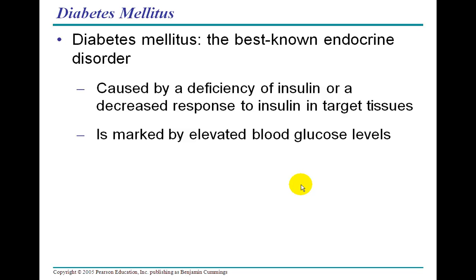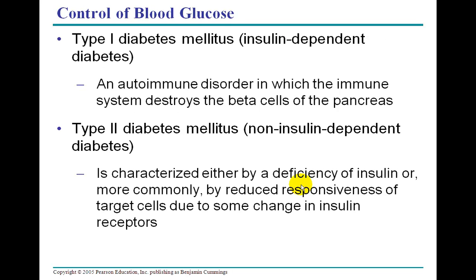The best known endocrine disorder, diabetes mellitus, is caused by a deficiency of insulin or a decreased response to insulin in target tissues, and is marked by highly elevated blood glucose levels. Type 1 diabetes is insulin-dependent diabetes.